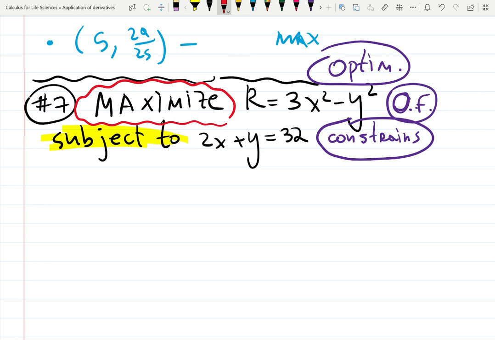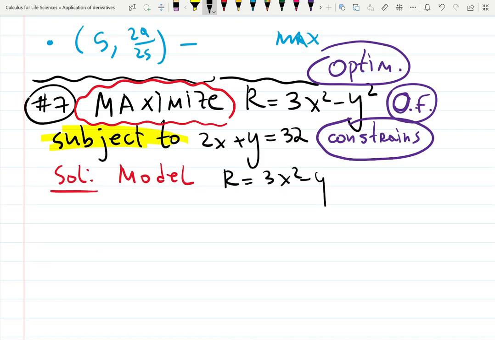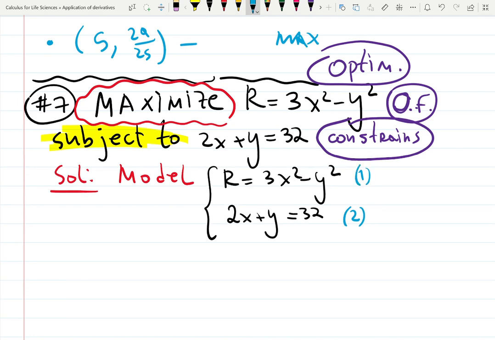You use the second equation of the model, the constraint 2x plus y equals 32, alongside the objective function, which we need to optimize. You use this second equation to solve for one of the variables and plug it into your objective function to make it dependent on only one variable.